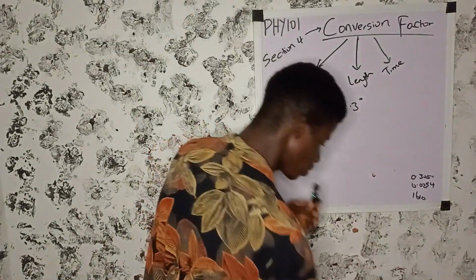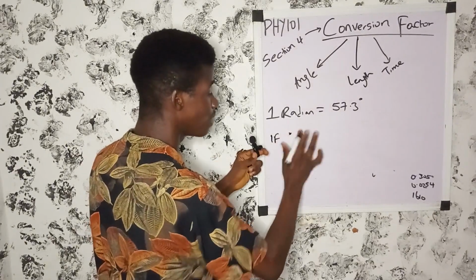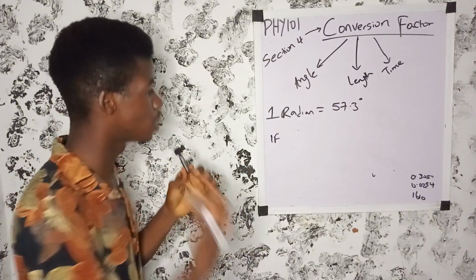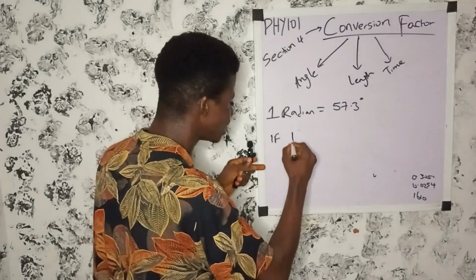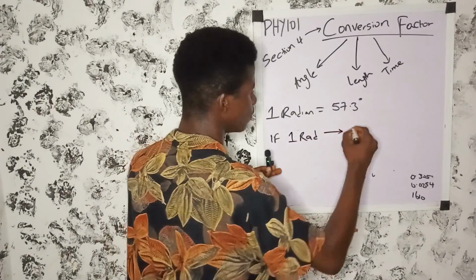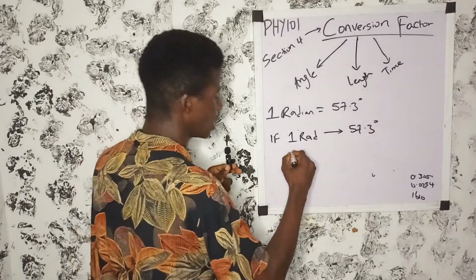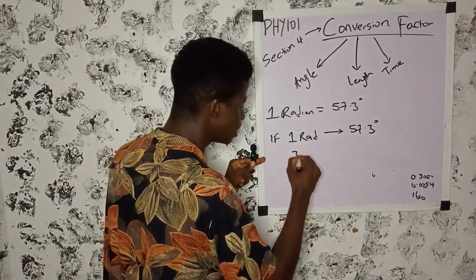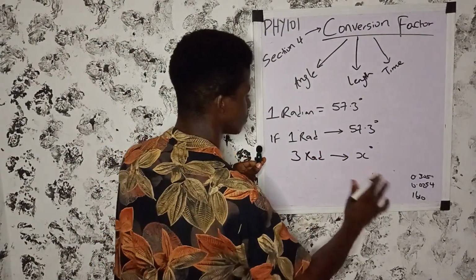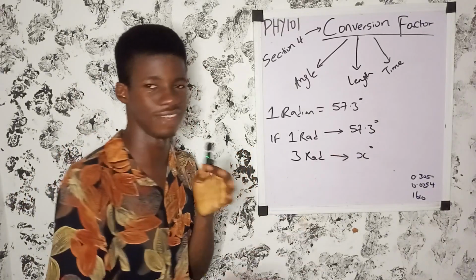To convert 3 radians to degrees is just like this. If 1 radian is equal to 57.3 degrees, then 3 radians will equal x degrees.